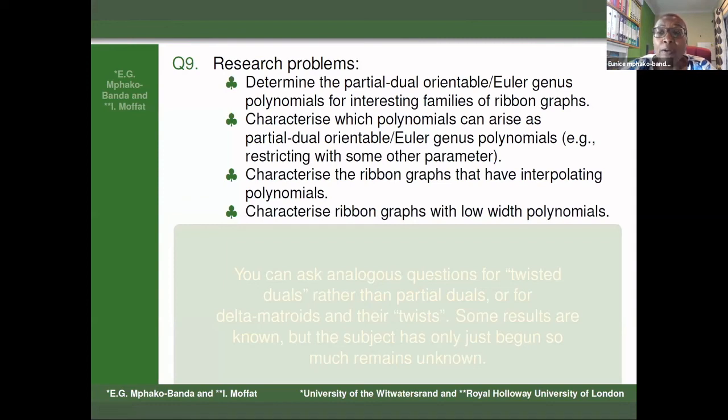And here we've only introduced one type of problems for ribbon graphs, like for the research problems. But this is not the only direction which one can go. There are a lot of directions in topological graph theory, but this is just one area which we thought, okay, let us introduce these open problems.